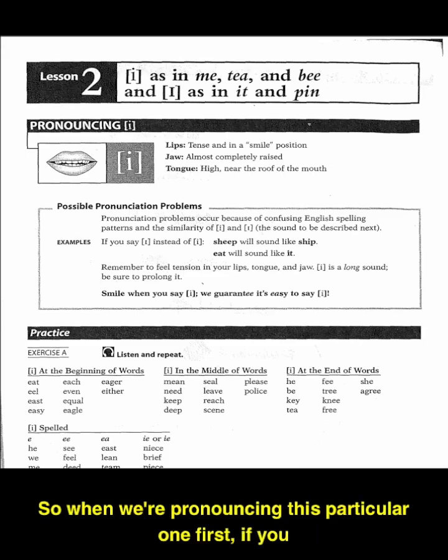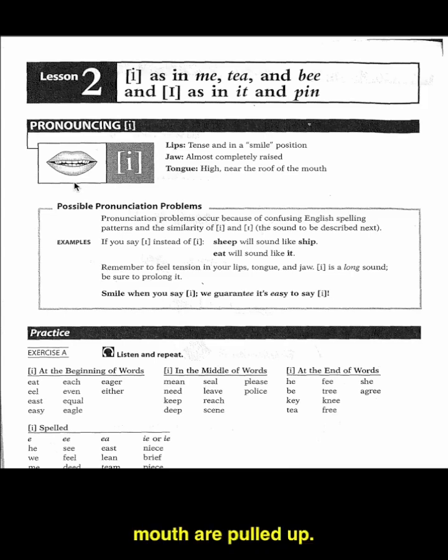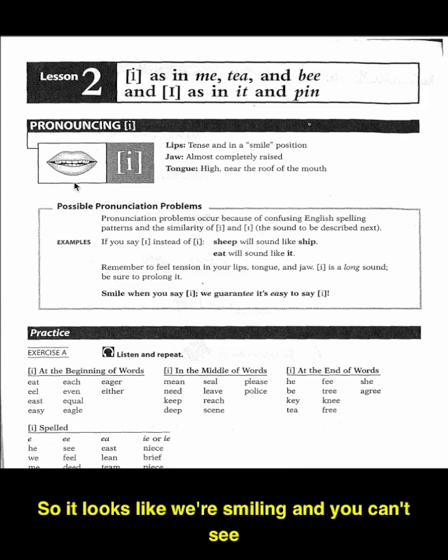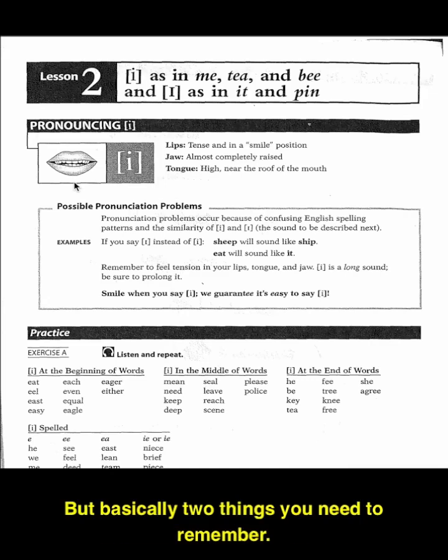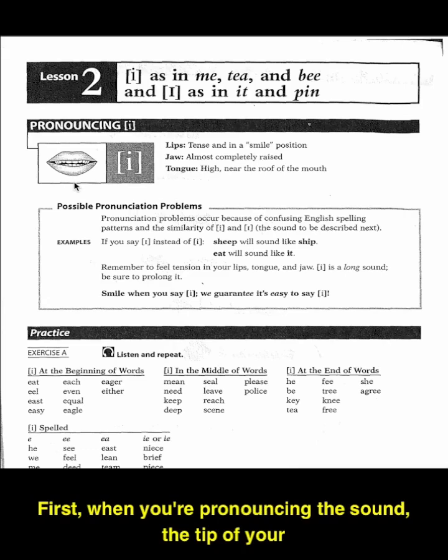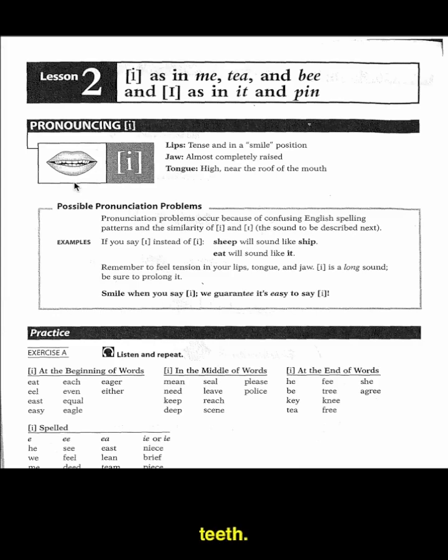So when we're pronouncing this particular one, first, if you look at the picture here, the corners of our mouth are pulled up, so it looks like we're smiling. And you can't see the inside of the mouth here, but basically two things you need to remember. First, when you're pronouncing this sound, the tip of your tongue should be held at the back of your bottom teeth.